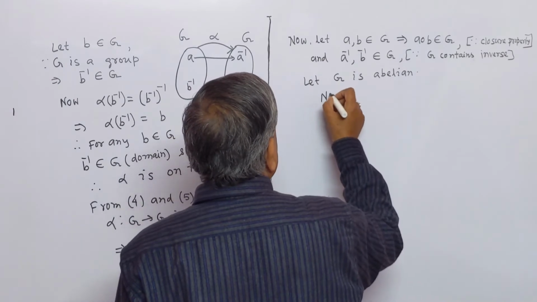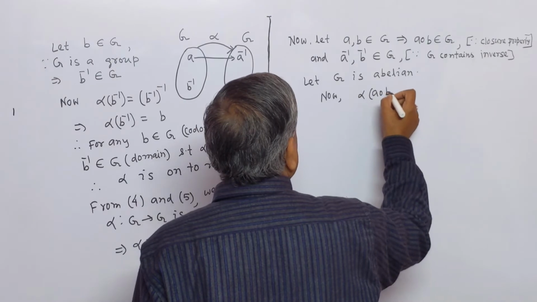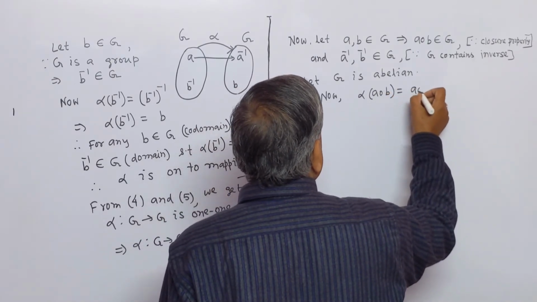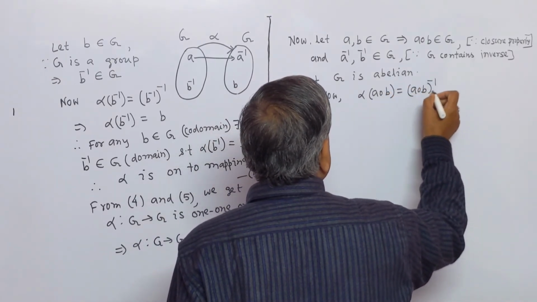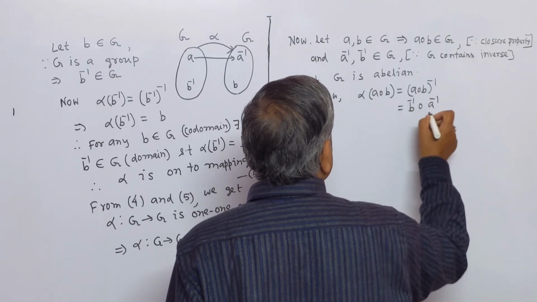Now, alpha of A operation B equal to A operation B whole inverse. This equals B inverse operation A inverse.